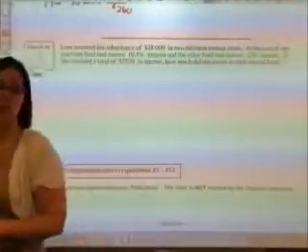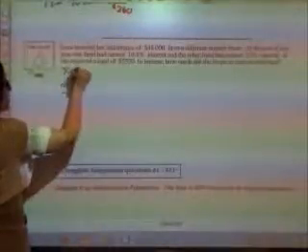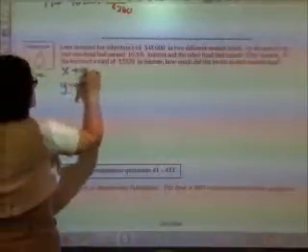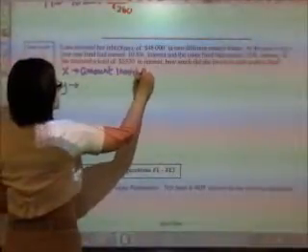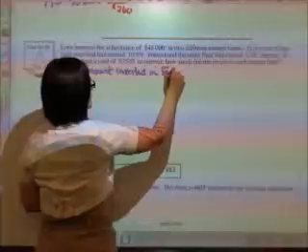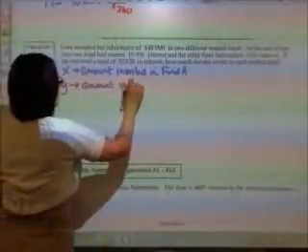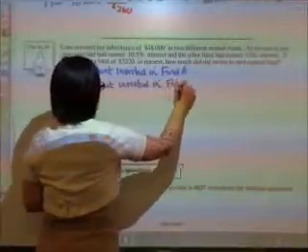So give me 2 variables, X and Y. So I can let X be the amount invested in the first fund, we'll call it Fund A. Then Y would be the amount invested in the second fund, which we'll call Fund B.